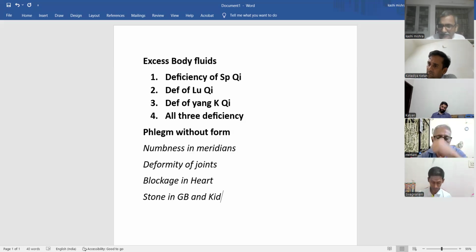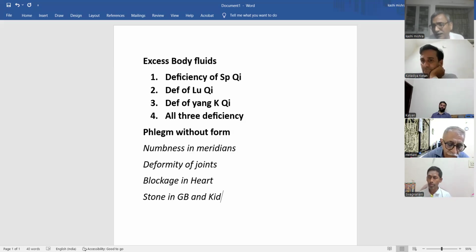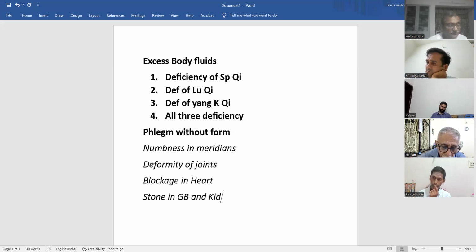The spleen is a great transformer. And in order to tone spleen, secondarily you can tone fire kidney chi. Wherever the stone is there, you go there, take opposite flow to remove that phlegm. But spleen and kidney you have to tonify for transformation.